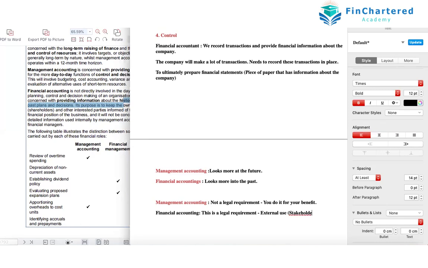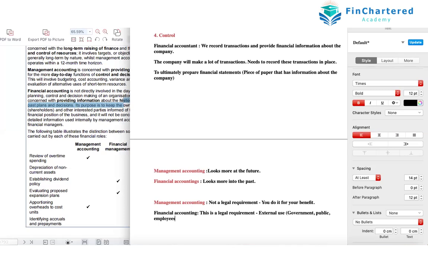For example, the government will use it, the public will use it, the employees will use it, banks will use it, management will use it, shareholders will use it. They will look at the financial statements. But management accounting is for yourself, it is for internal use, and it is not a legal requirement.